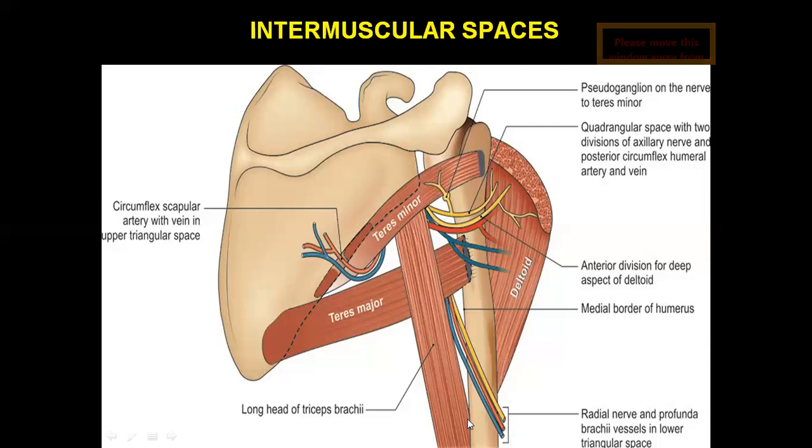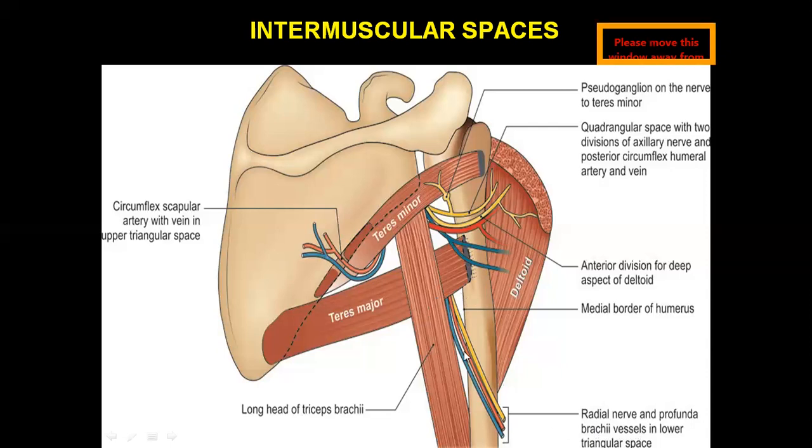The lower triangular space, if you observe, superiorly which muscle do we have? Lower border of teres major. Medially, near to the midline, which muscle do we have? Long head of triceps. Laterally, what bone do we have? Shaft of the humerus. Now, what contents are we finding here? We are finding profunda brachii vessels.